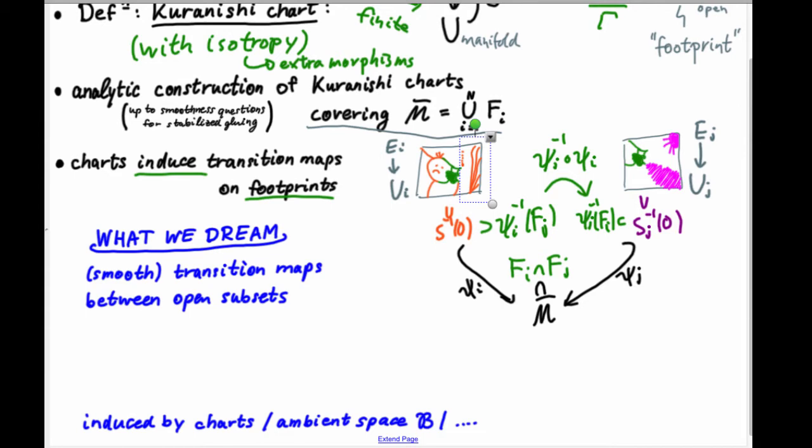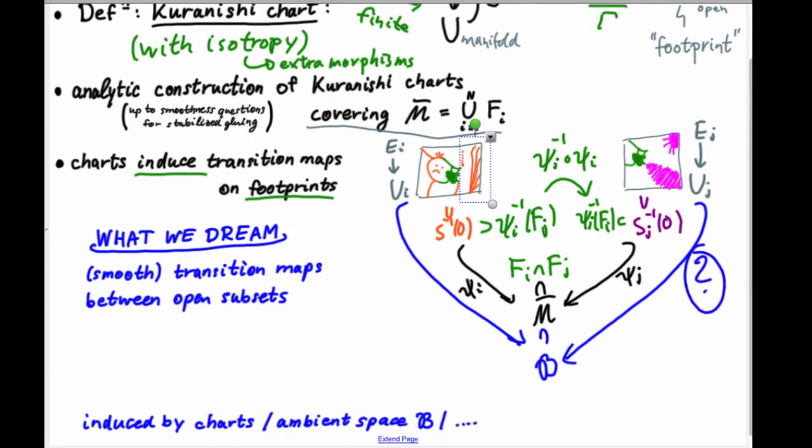So what we would really like, our dream is that somehow this coordinate change should come from a coordinate change between the ambient, the fattenings. So I'd like, and ideally my moduli space would sit in some big ambient space so that I make the fattenings in that big ambient space and then maybe have an overlap in there.